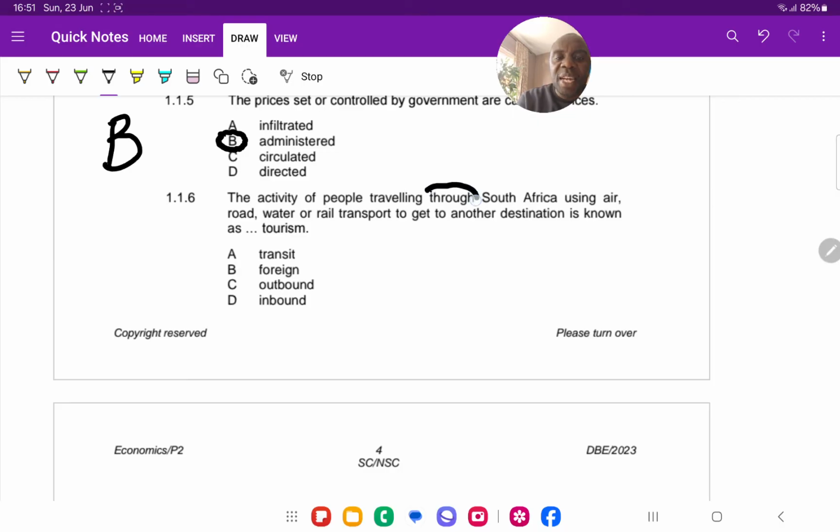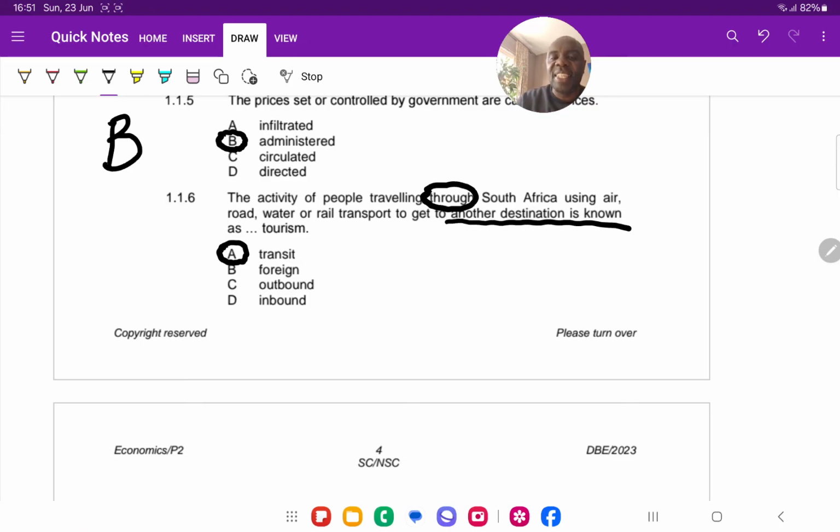So the key word there is that they are traveling through South Africa by using air, road, water, or rail transport to get to another destination. So the other destination could be Lesotho, the other destination could be Swaziland. What do we call those tourists who are traveling through the Republic of South Africa to their final destination? We call them transit tourists.